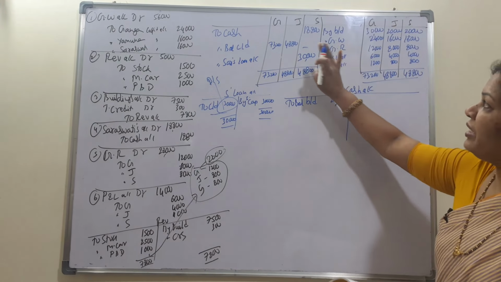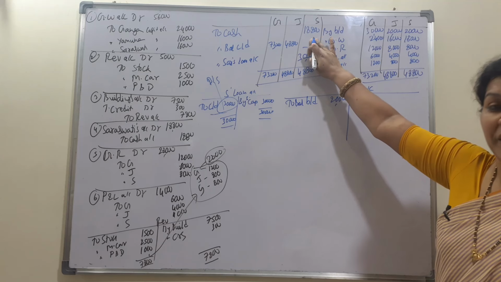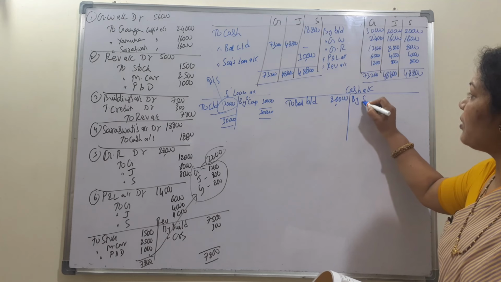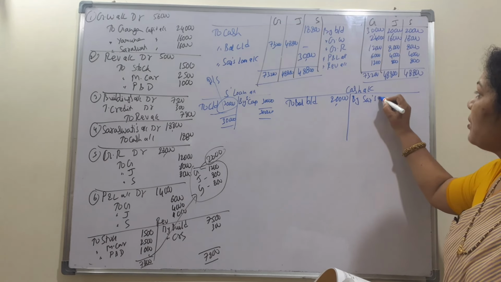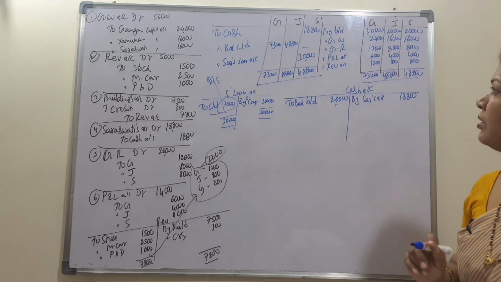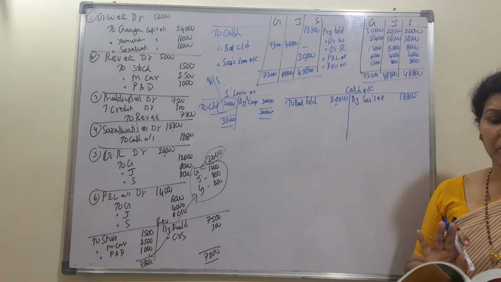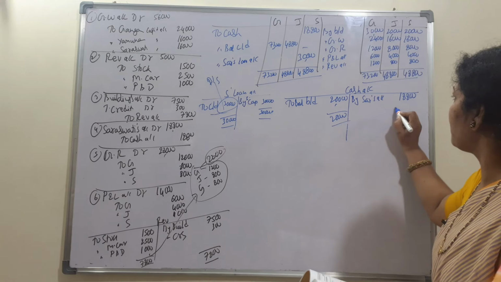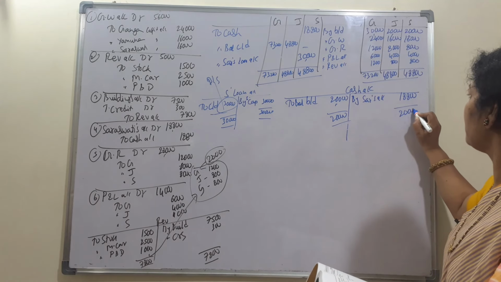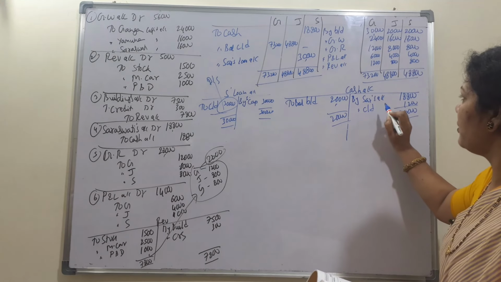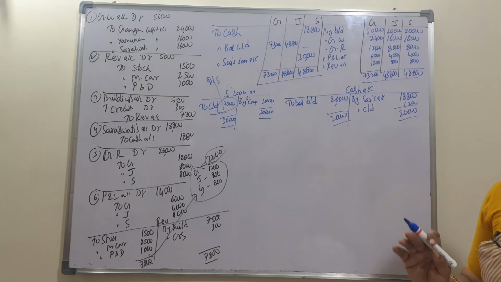No. But here you have cash. Debit side means credit side will take by Saraswati's account 18,800. Anything else to write? That's it. So altogether if we close the cash account, 1,200 is balance carried down. This we are going to show in the balance sheet.